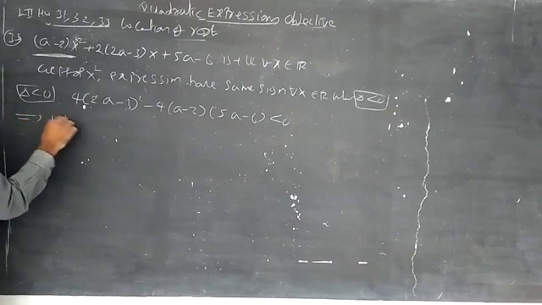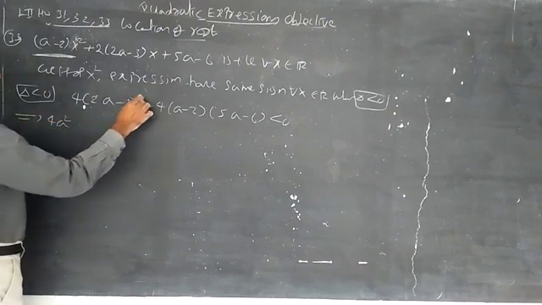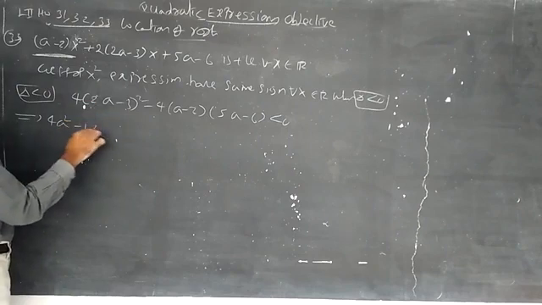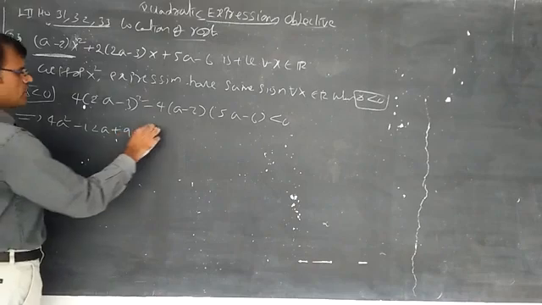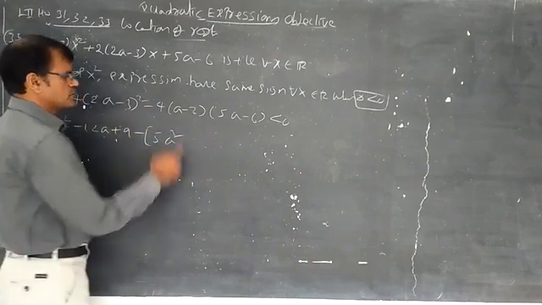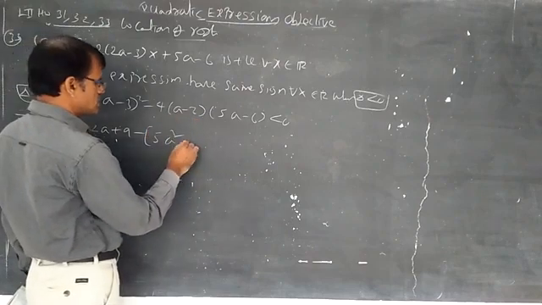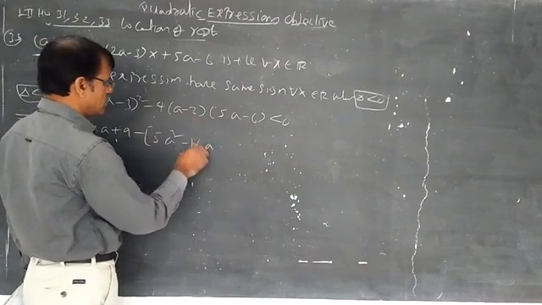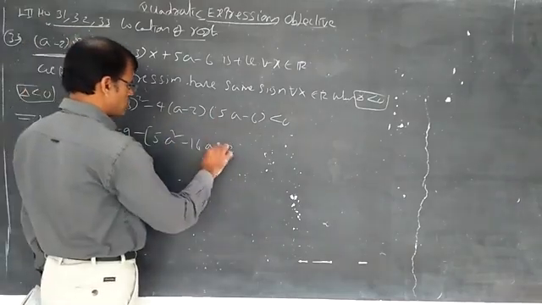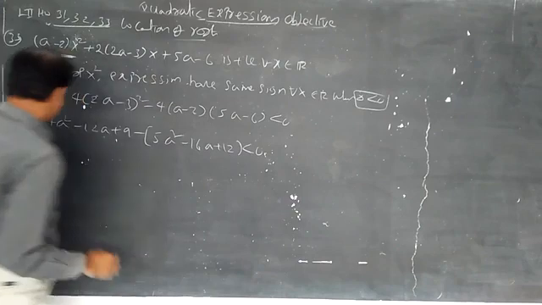minus 4 into a minus 2 into 5a minus 6 less than 0. Divide with 4. You can expand 2a minus 3 whole square: 4a square minus 12a plus 9, minus of 5a square minus 6a minus 10a plus 12. It is less than 0.